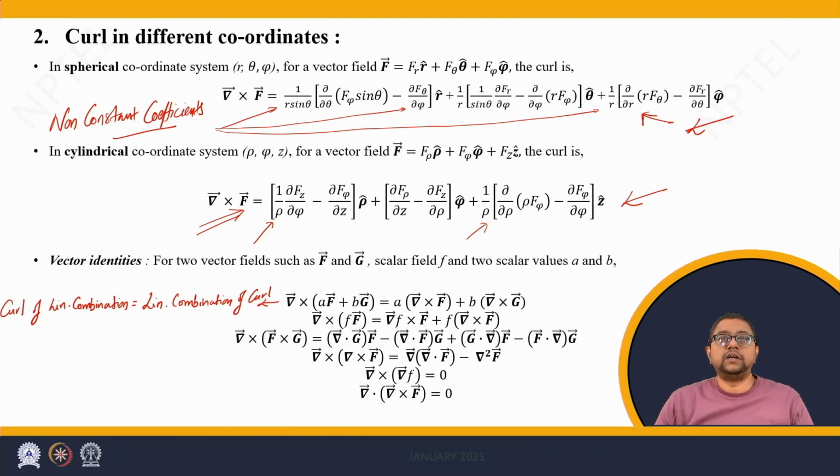Next, we have the curl of a scalar multiple of the field, equal to the gradient of the field crossed with the field itself, plus the scalar function f multiplied by the curl of the vector field.